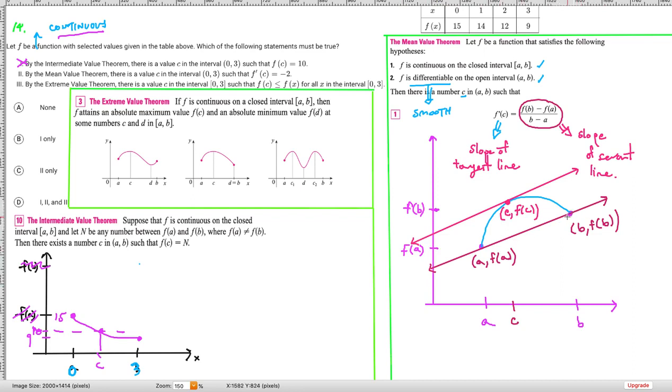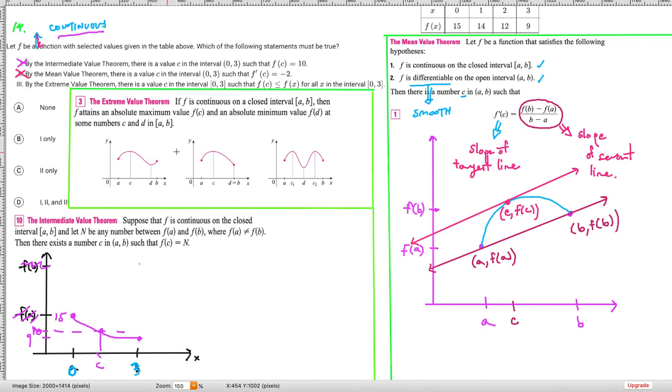That must exist provided f is continuous and differentiable on this interval. And if you look, again, you need continuous. And it does not say that f is continuous. So 2, you cannot conclude.